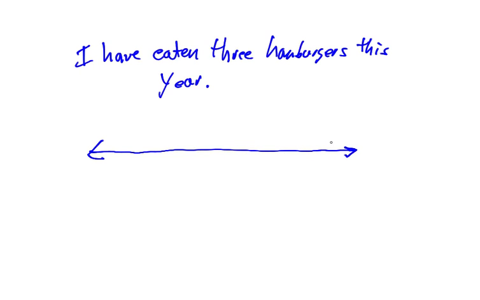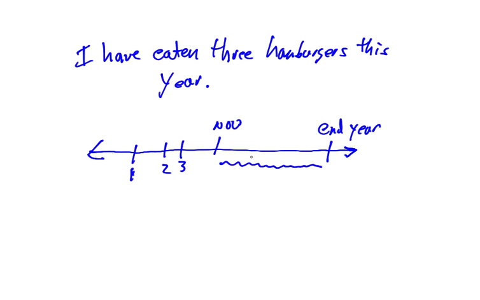So here's where this year ends, end of year. And here's now. And so here's 1, 2, 3 hamburgers that I've eaten so far, but there's still this time before the end of the year that the number of hamburgers could be changed. Perhaps I'll eat another one, or 2 more, or maybe 6 more. So I have eaten 3 hamburgers this year, present perfect, have eaten, because the number of hamburgers could increase or change before the end of the year.